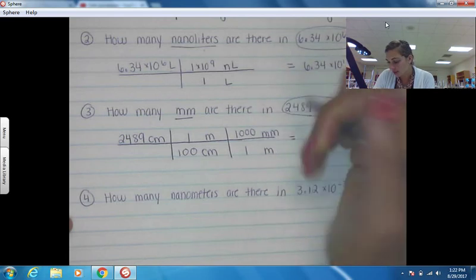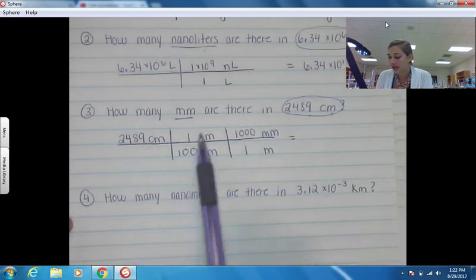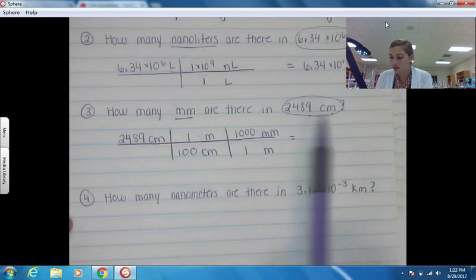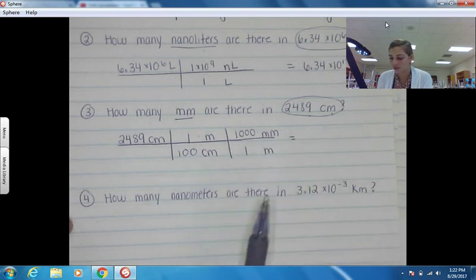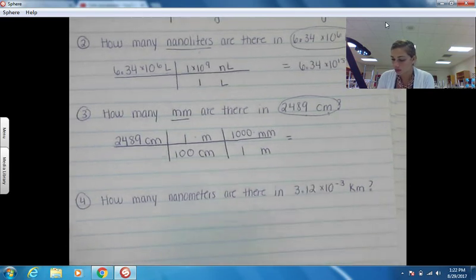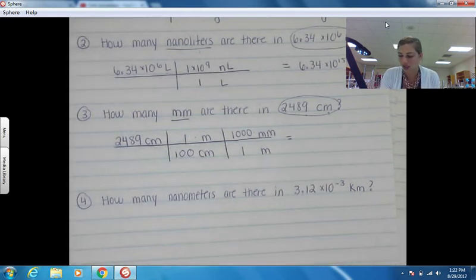Like I said before, you want to multiply everything that's on the top, get an answer, multiply everything that's on the bottom, get an answer, and then divide. So the answer that you should come up with, actually, go ahead, take a second and see if you can come up with an answer, and I'll show you my answer.